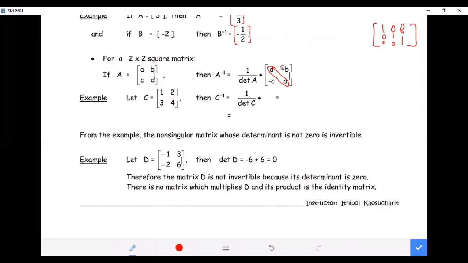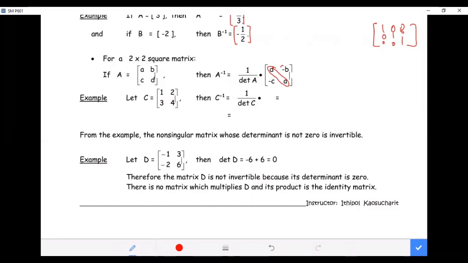That's why we have this negative, negative. I'll tell you again: swap the positions on the diagonal, swap the sign for the other two, and then multiply with 1 over the determinant.